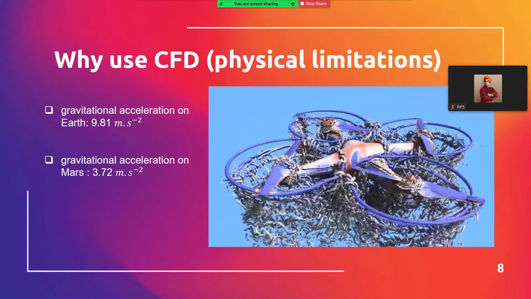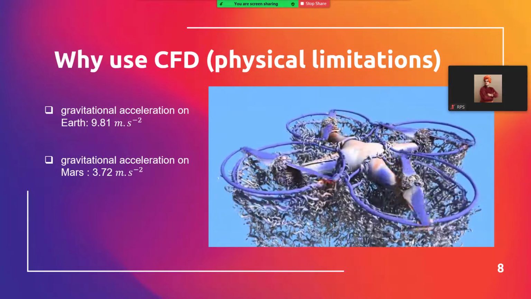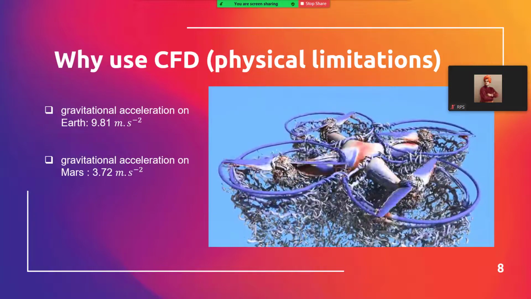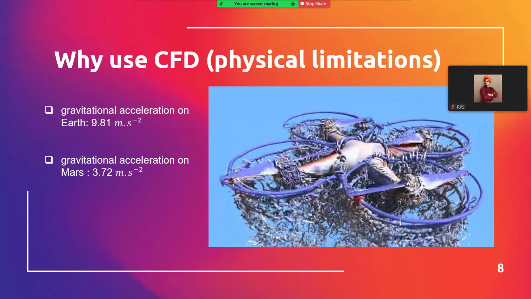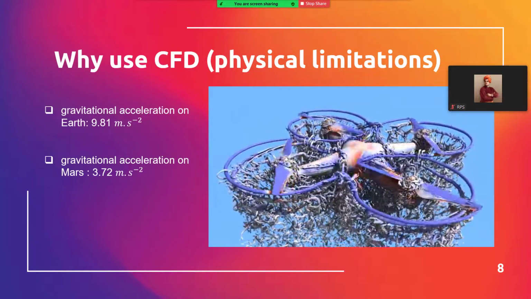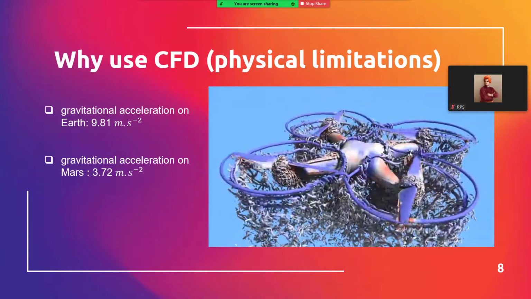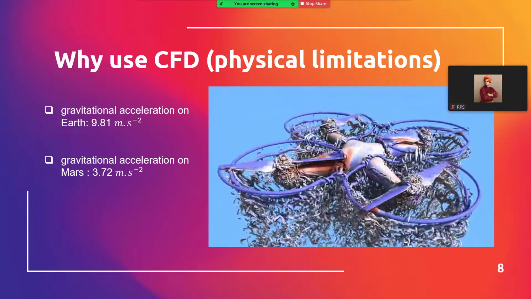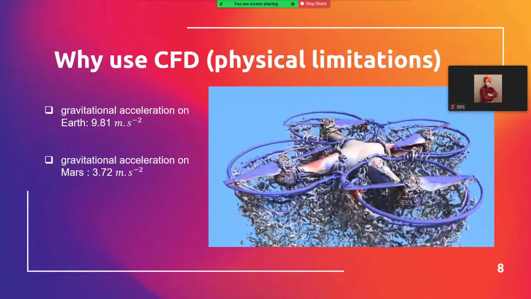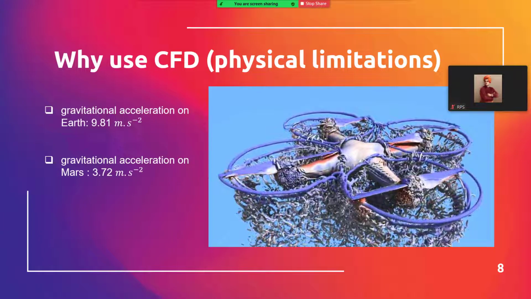For example, I want to start with the physical limitations. I guess all of you know that a few months ago, maybe a year ago, NASA sent a rover to Mars that had a quadcopter in it, and they made it fly in the Mars atmosphere and take some photos of Mars. Let's see how they made it. There's a big difference between Earth and Mars.